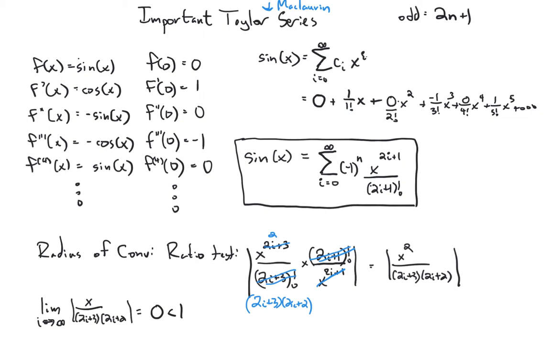So this always holds for any x. The limit is 0, so it always converges, because remember, as long as your ratio is less than 1, you get convergence. So we'll just say over here that the radius is indeed infinity. So this expression here holds for all x. That's fantastic.